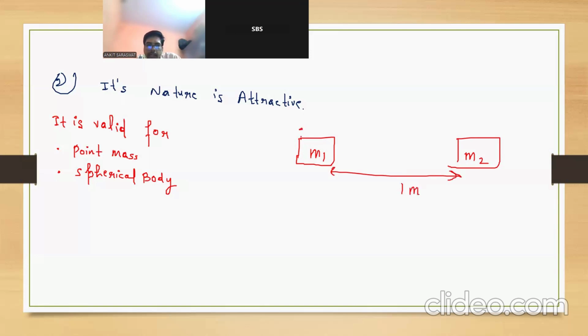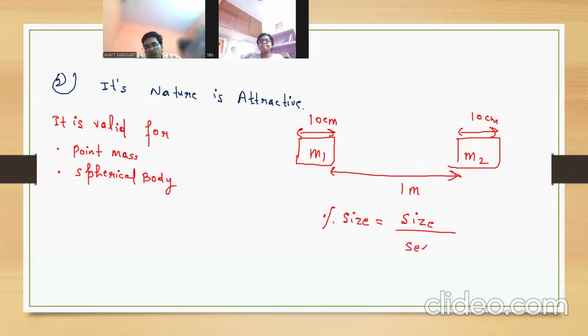If the side length of m1 is 10 centimeter, its size is 10 centimeter. This is also 10 centimeter. Both are at a separation of 1 meter. Now my question is, can we say it is a point mass? If you calculate the percentage size, how to find it? The size of a body divided by the separation.